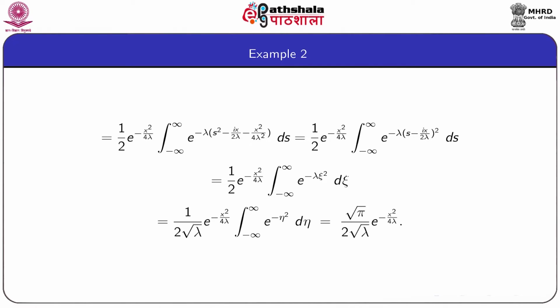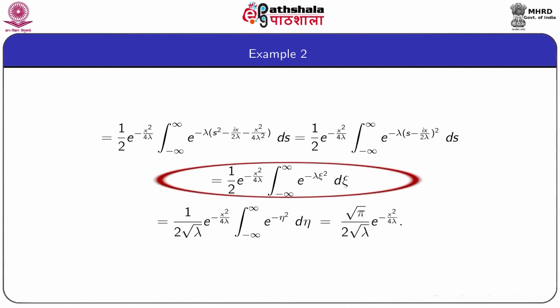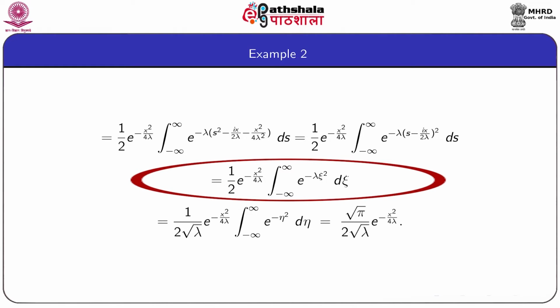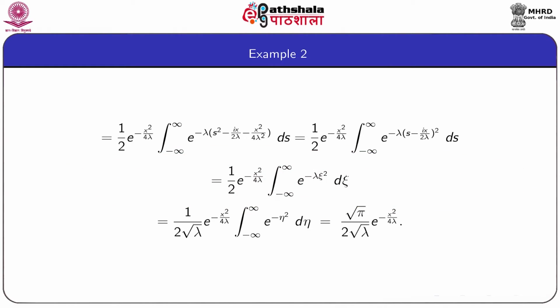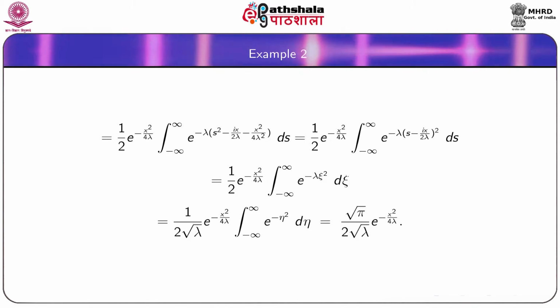So that we get half e^(−x²/4λ) integral from minus infinity to plus infinity e^(−λ(s − ix/2λ)²) ds, which can be written as half of e^(−x²/4λ) integral from minus infinity to plus infinity e^(−λξ²) dξ, by taking s − ix/2λ as ξ.